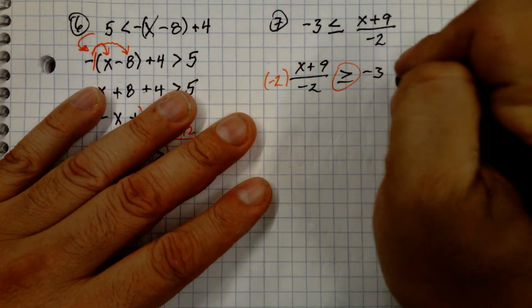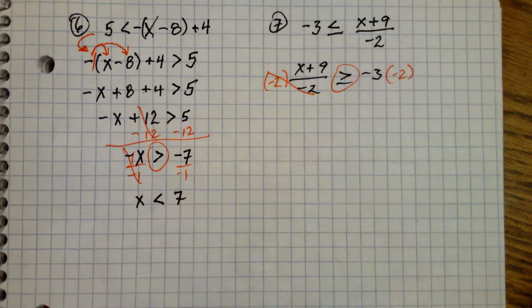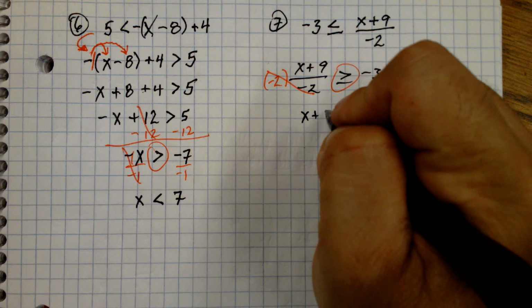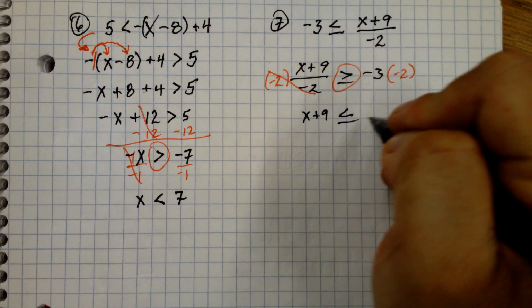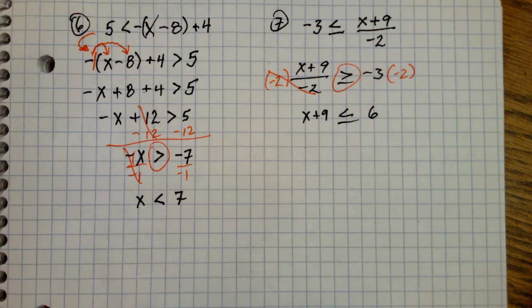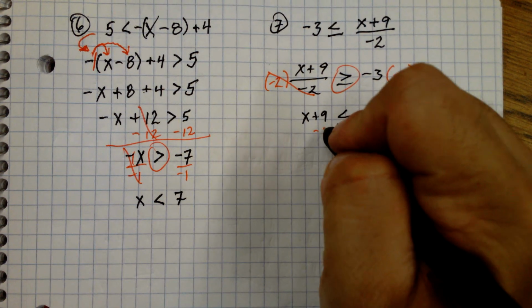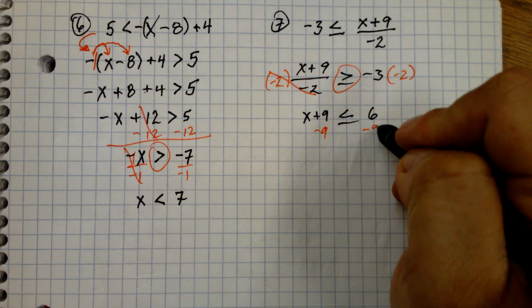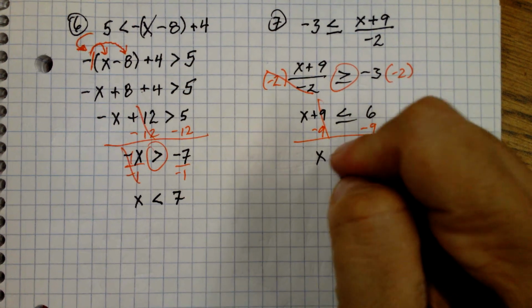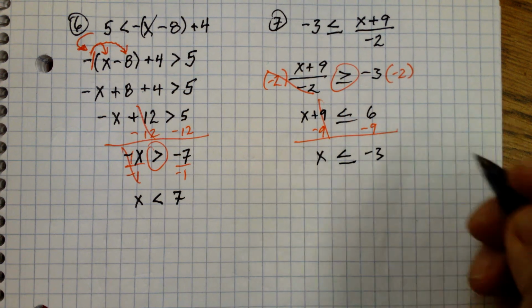And since it's a negative, that means we flip the inequality symbol. That's going to be 6. And let's get rid of the 9. I was already thinking of the answer, actually. x is less than or equal to negative 3.